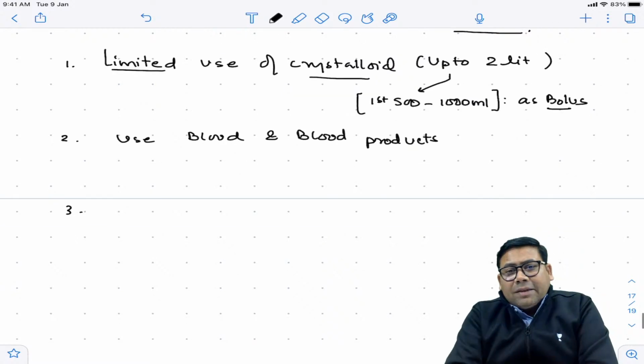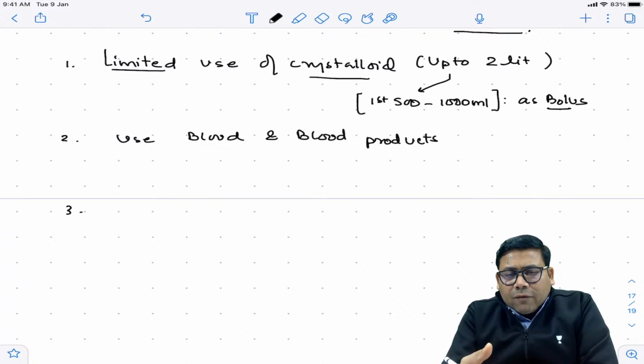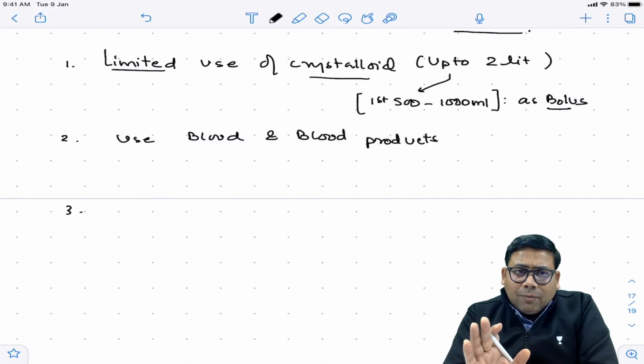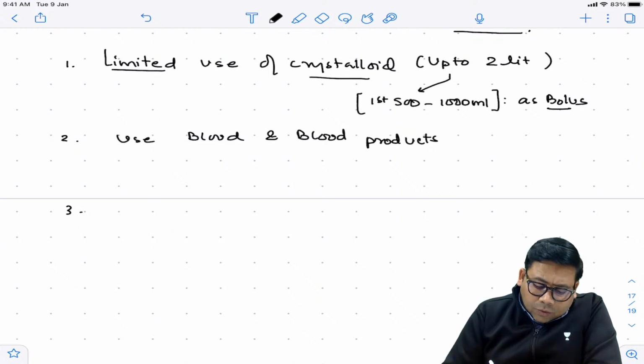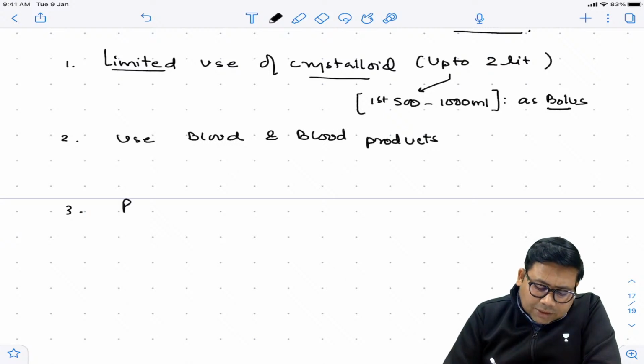Third, now you must be saying, sir, the patient is not maintaining the blood pressure. Don't rush for blood pressure. The higher you aim for the blood pressure, the more active is the blood loss. So take it as a rule of thumb: don't rush for the blood pressure. Keep it as minimum as can be sustained by the body. You are giving the permission to the blood pressure to fall, and thus this concept is known as permissive hypotension.